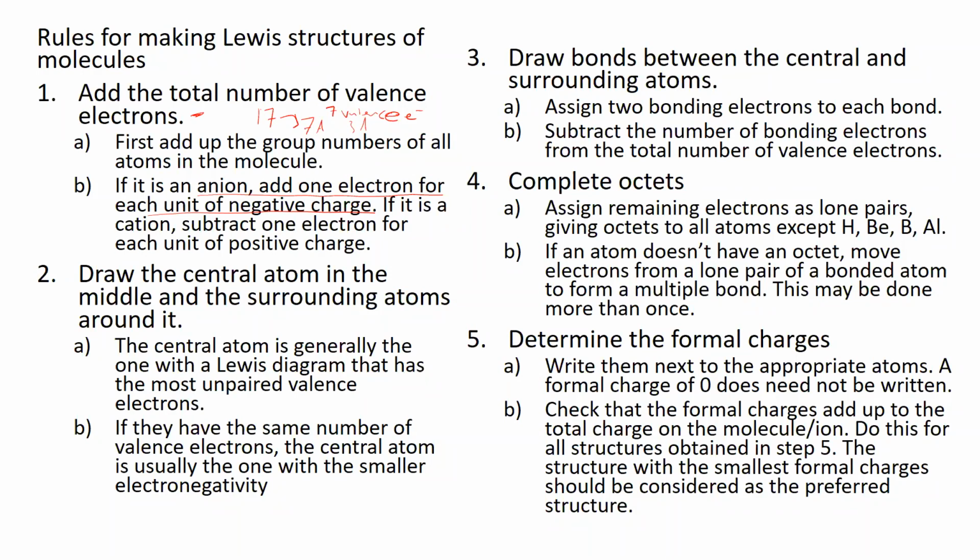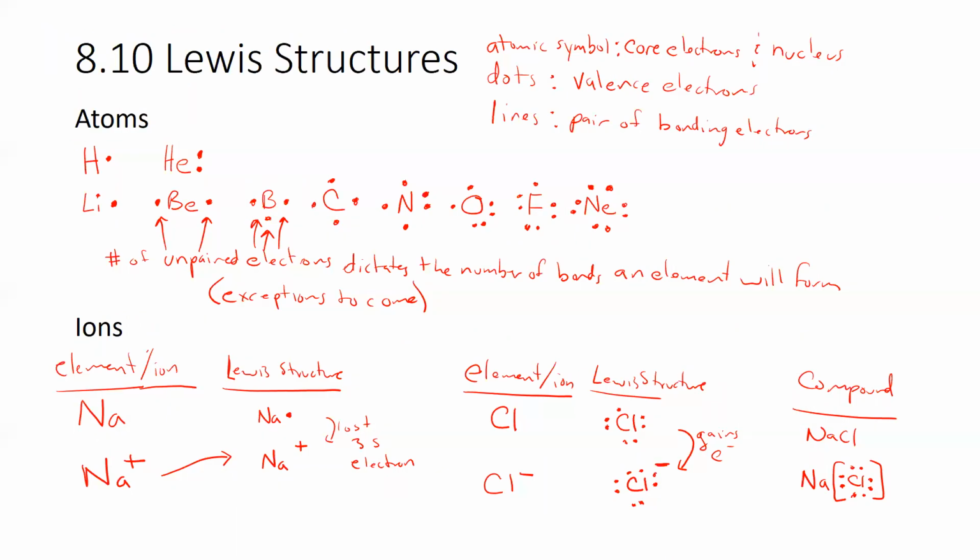So we add up the total number of valence electrons. Then we're going to draw in the central atom and the surrounding atoms, okay? Generally, not always, but generally, the central atom is the one that has the most unpaired electrons in the Lewis diagram for that element. So if we go here, what I'm talking about for that central atom is all of these atoms, okay? It's the number of unpaired electrons.